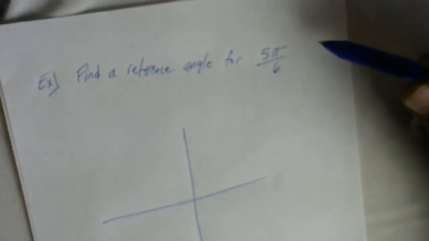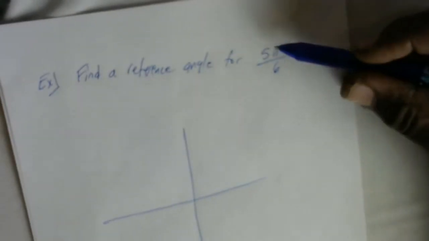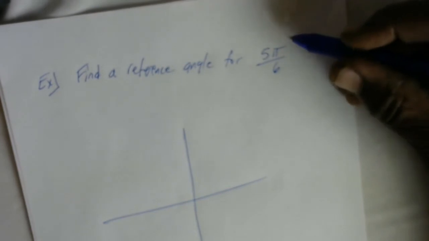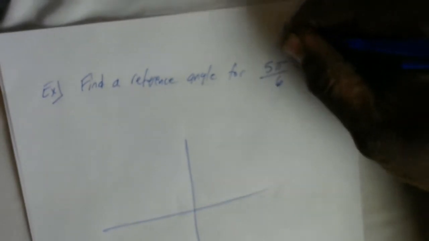First of all, where would we find a 5 pi over 6 angle? As far as the sketch is concerned, I'm going to convert 5 pi over 6 to a degree measure. From the unit circle, we know that pi is equal to 180 degrees.